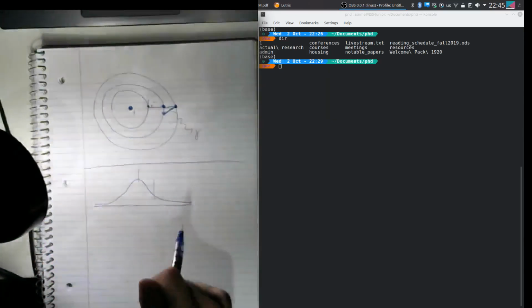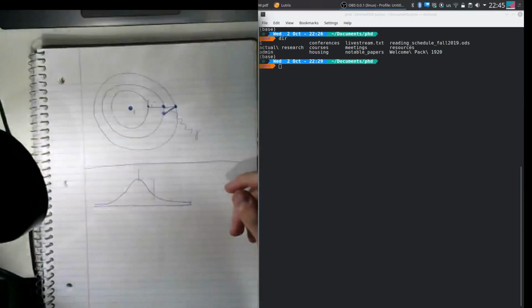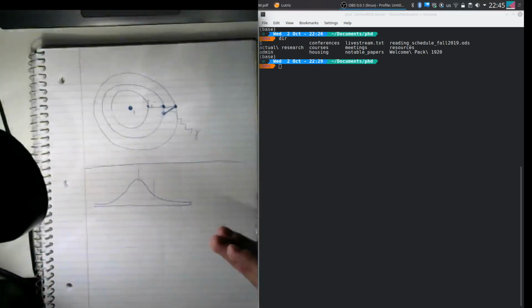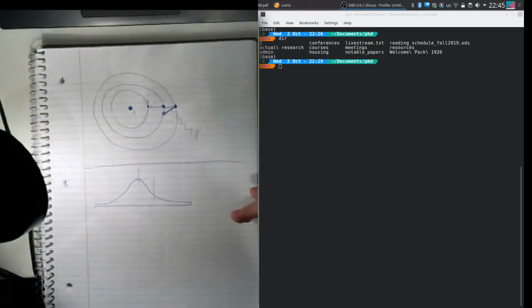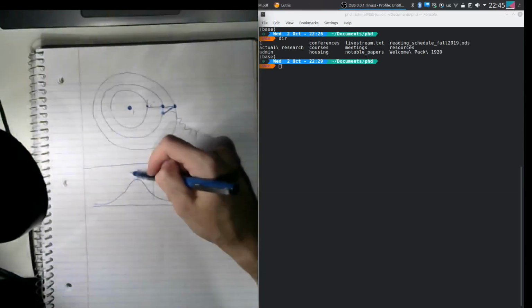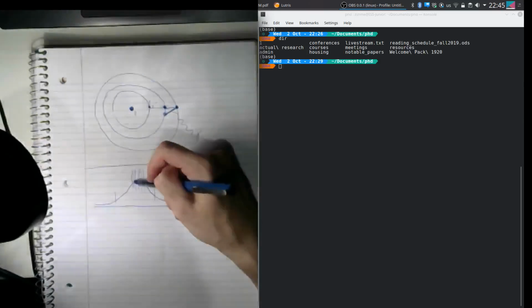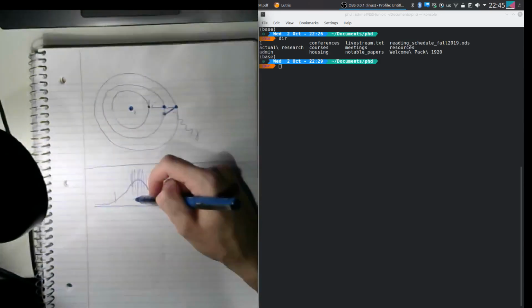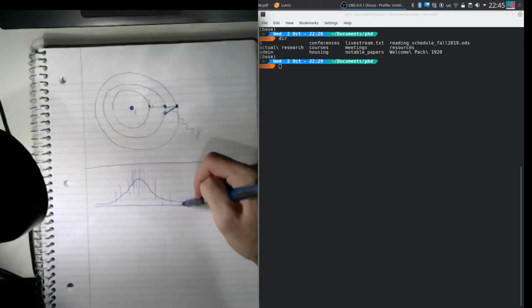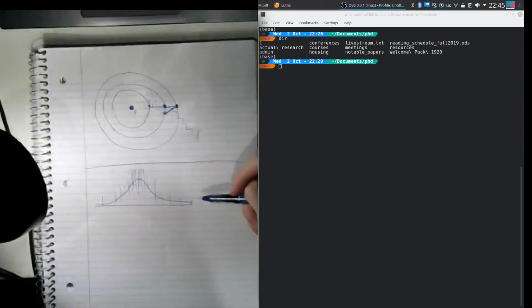Any individual photon particle is going to end up at some location, but as a whole, interpreting it as particles, the particles have this probability of ending up somewhere along this distribution. Most of them are going to end up in this area where the probability is highest, but some will be spread out in the lower areas, and as you do more and more, you eventually approach this distribution.